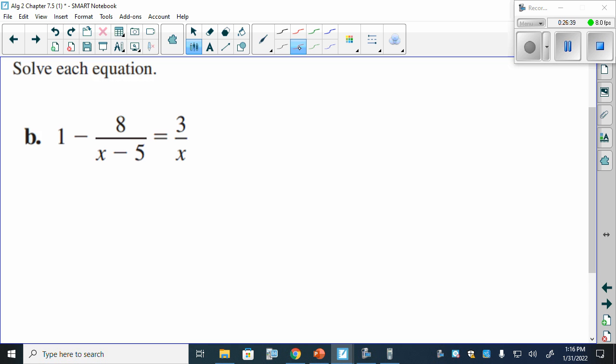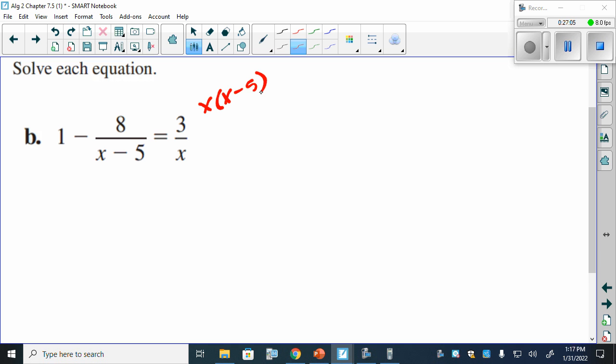All right, let's look at this one here. Now, if we look at this one here, we do need to multiply each of these terms so that the denominators will simplify out, and it'll make it easier to solve. So what is something we need to know that we need to multiply each one of these terms by? X and x minus 5.